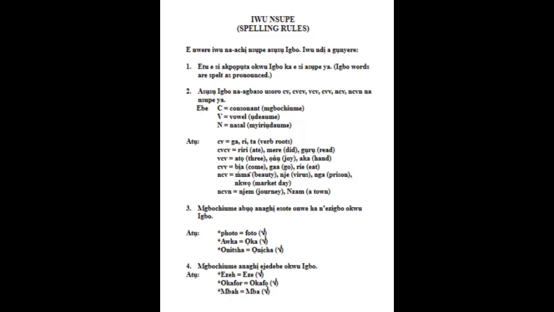Instead, you have the ones with good after them: eze without the H, okafo without the R, and mba without the H. So can you read this slide? Read everything on this slide. I want you to read everything on this slide. All right, we move on to the next slide.